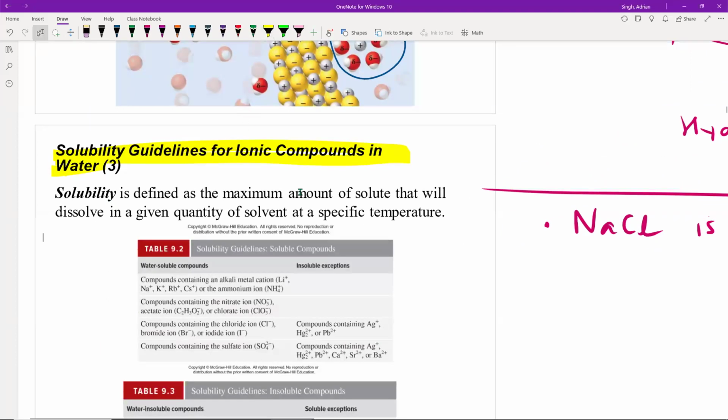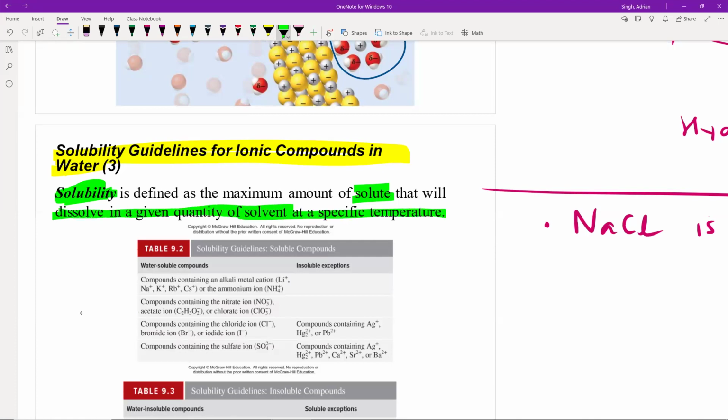And we're going to see how we use these to identify whether a substance is soluble or not soluble in water. Again, this is specific for water, for aqueous solutions. We'll sometimes see the term solubility, which is defined as the maximum amount of solute that can dissolve in a given amount of solvent at a particular temperature.